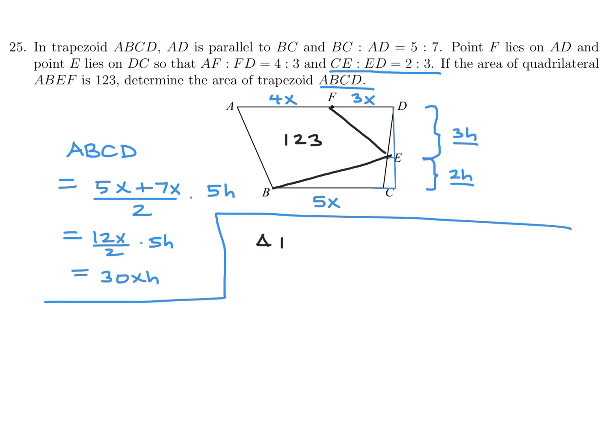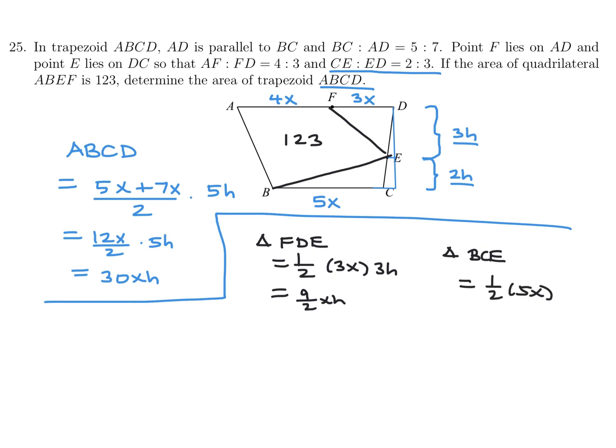Okay. So then I've got these other two triangles. I've got a triangle FDE to worry about and triangle BCE. Okay, well this guy is 1/2 base times height. The base I can use 3x and the height I can use 3h. So that's going to be 9 over 2 xh. BCE, the base I can use 5x and the height I can use 2h.